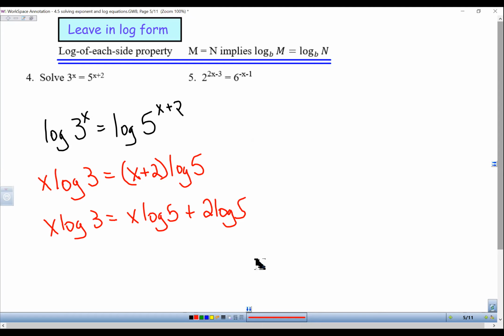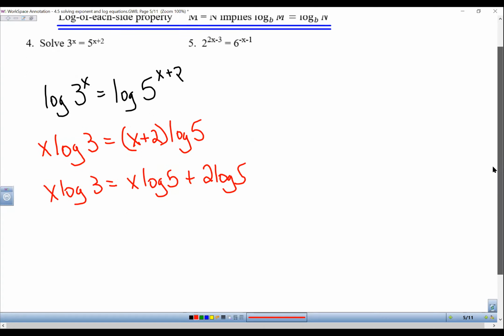Now we need to get the x's by themselves, or we need to solve for x. So we've got to get all the x's on one side of the equation. So we're going to subtract this x log 5 from both sides. And let's move this up just a little bit.